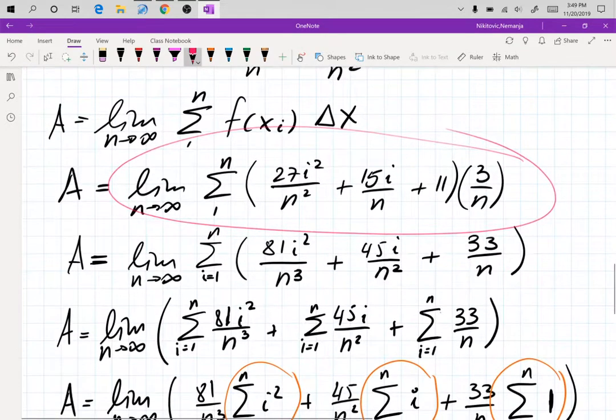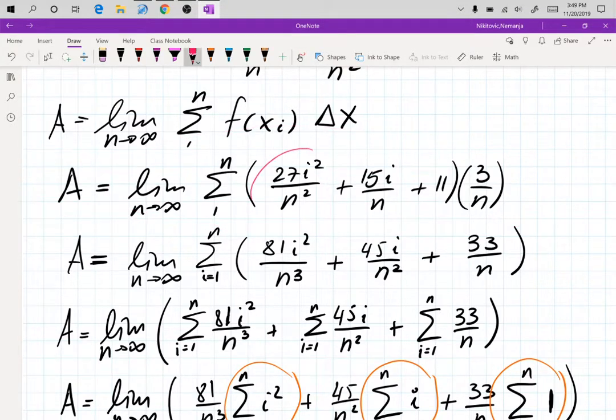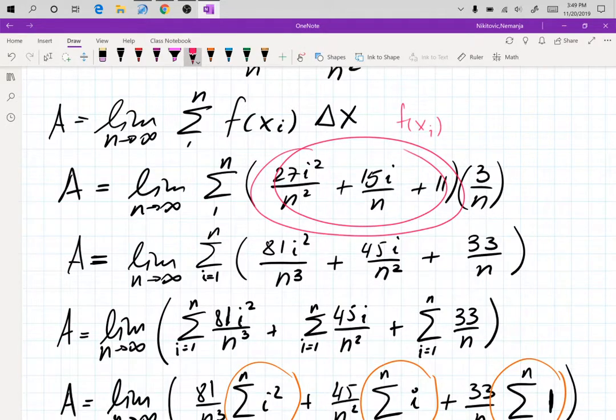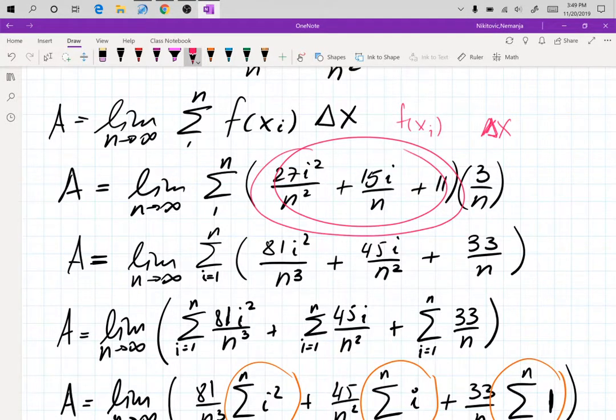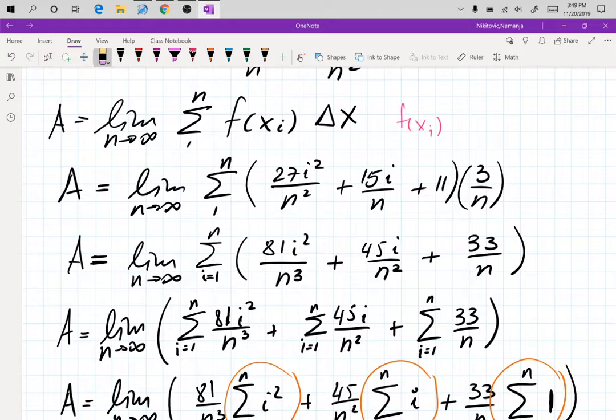And in this one, if you pay attention, you have your f of xi, and you have your delta x on the side. So both pieces are there, and from that point on, it's the steps of calculating all this mess to come up with the answer at the end.